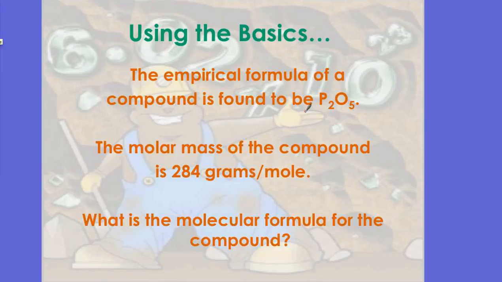I'm giving you the empirical formula. This is the most reduced. How do I know? Thinking about math. 2 and 5. Can they divide by the same thing? No. So it has to be the most reduced. If the molar mass is 284, what's the molecular formula?